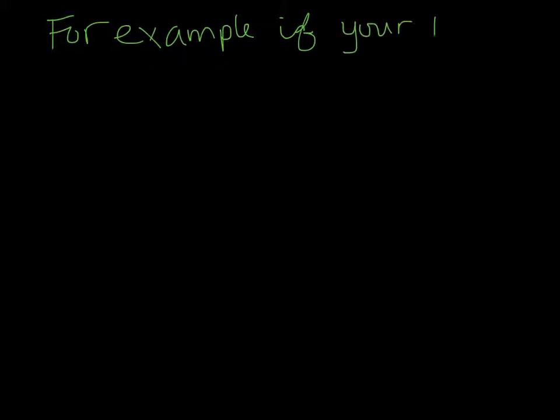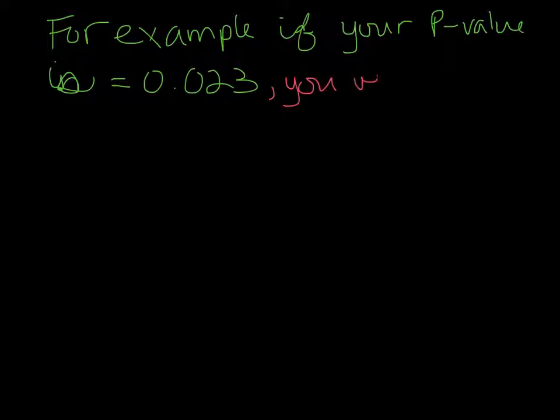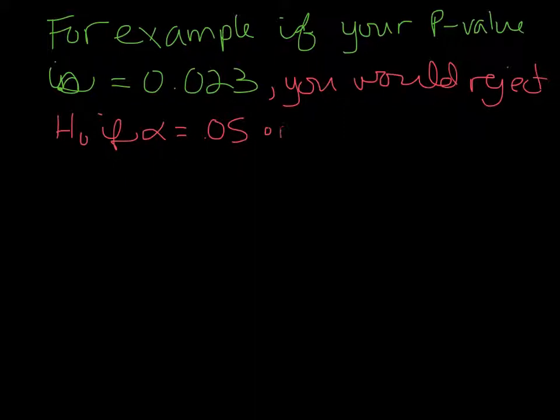Just to make sure you're good with the alpha level, for example, if you are researching something and your p-value is equal to 0.023, you would reject the null hypothesis only if your alpha was 0.05 or 0.10, but you would not reject it if you were doing an alpha level of 0.01.